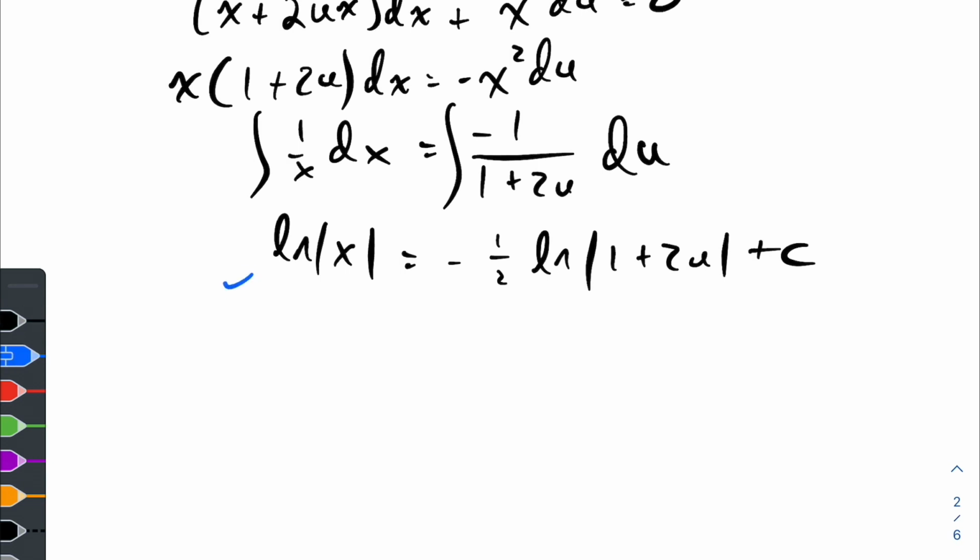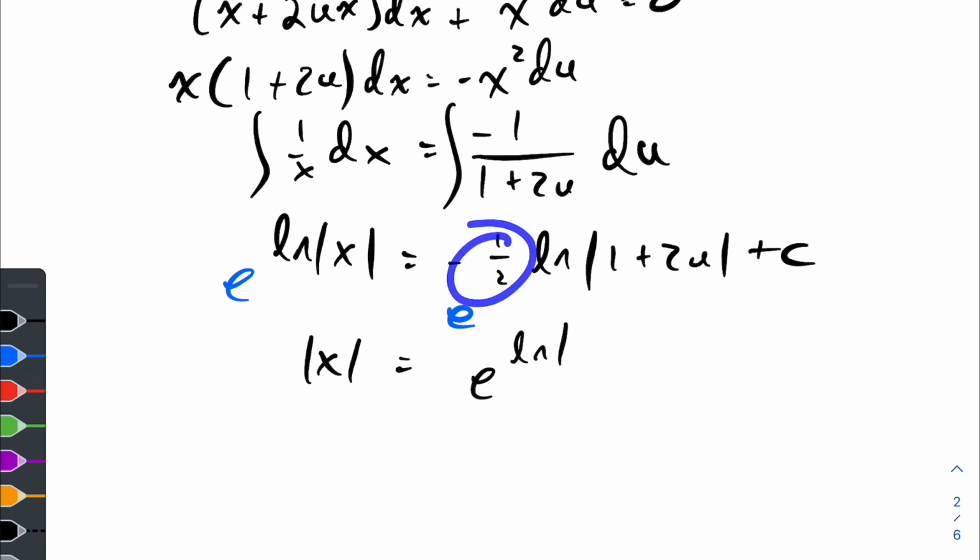Okay, I'm going to do e to the power of both sides, because I don't want to deal with these ln's. So I get e to the ln of absolute value of x, which is x, equals e to the ln. I'm going to bring this negative 1/2 as an exponent for this: 1 plus 2u to the negative 1/2.